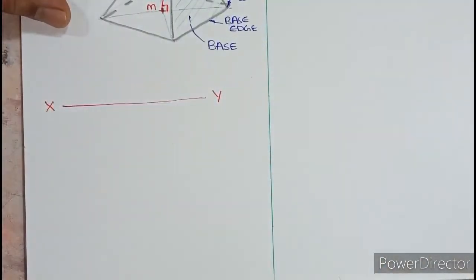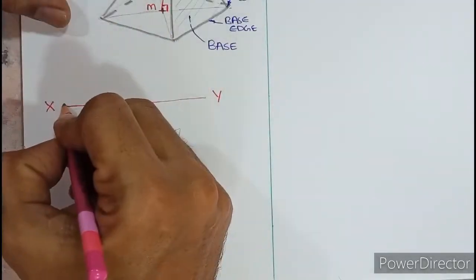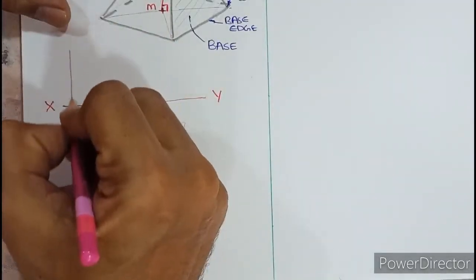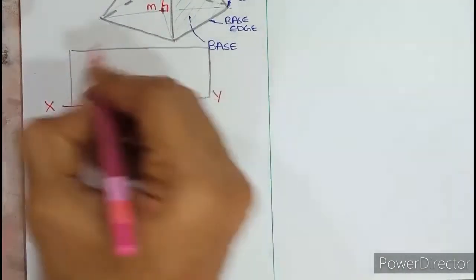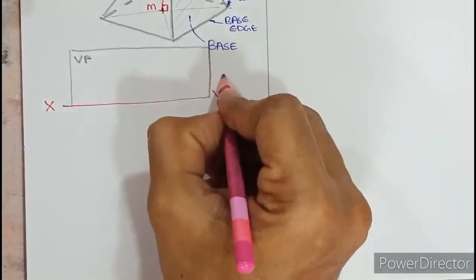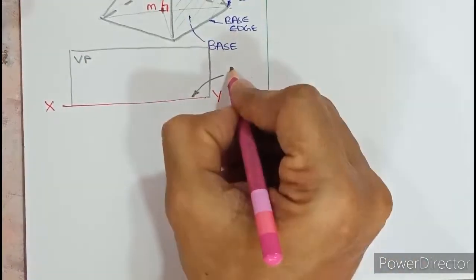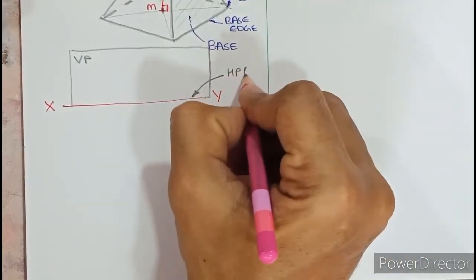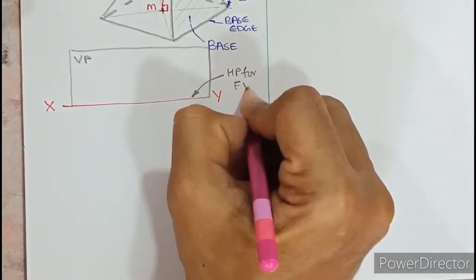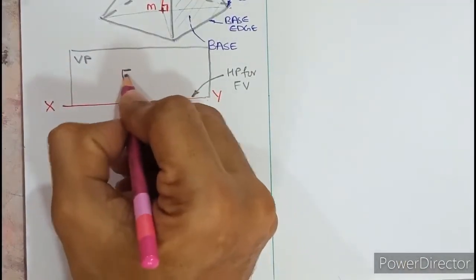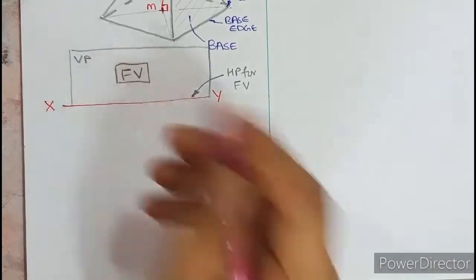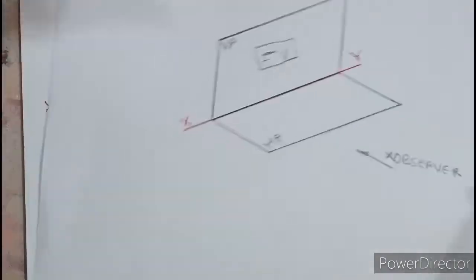Everything above XY is nothing but, if I draw a small rectangle, the vertical plane. And this XY line is HP for the front view. So HP is over here and the front view is drawn above. So this concept has to be clear. That is what is being told over here.